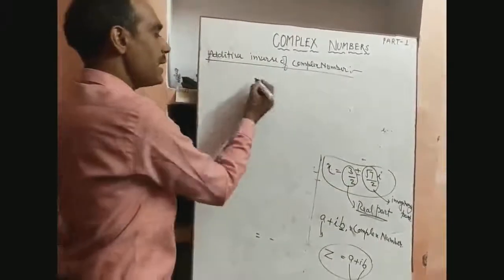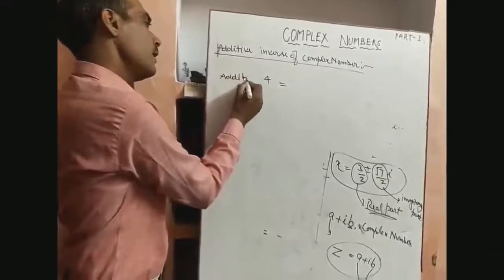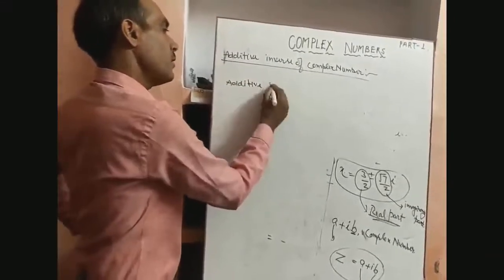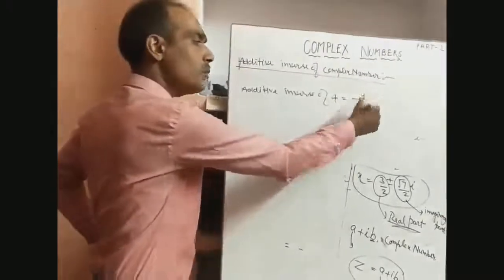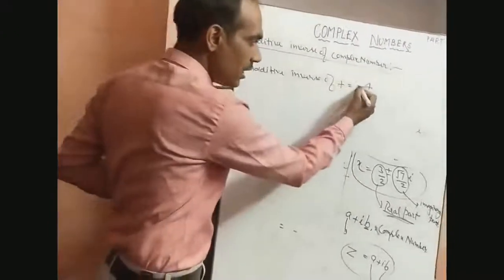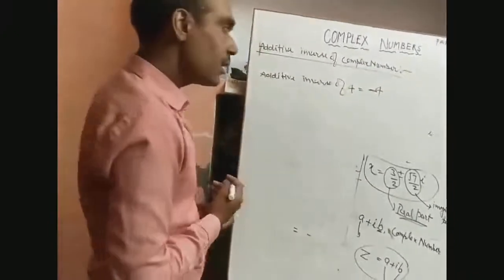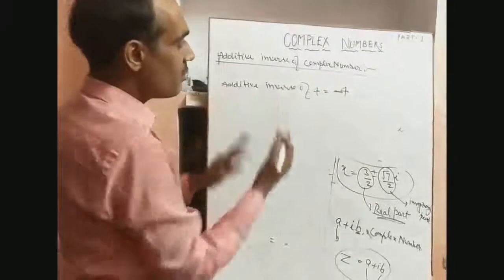What is the additive inverse of 4? This is equal to minus 4. Additive inverse means change only the sign. Okay, clear? And in this chapter, what is the additive inverse of a complex number?